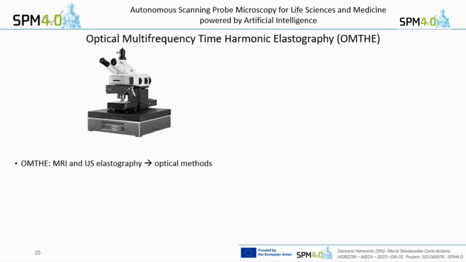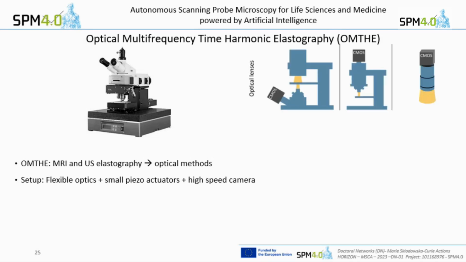And here comes OMTE, which is the optical multifrequency time harmonic elastography. So we apply the same principles as in MRE or ultrasound elastography to an optical system. That means we can use very flexible optics, like an inverted microscope, upright, or just a macro lens.